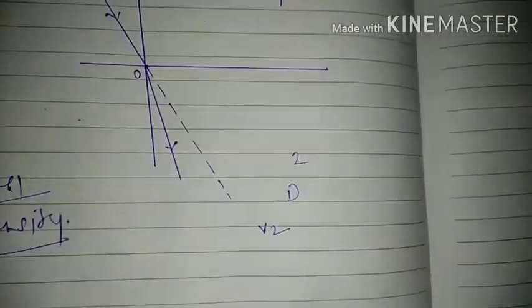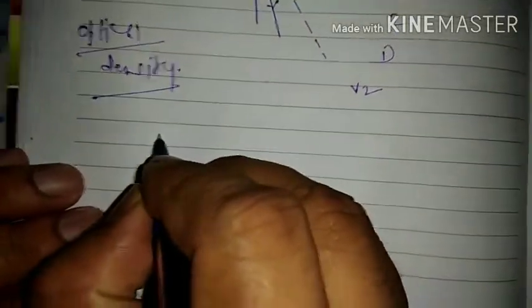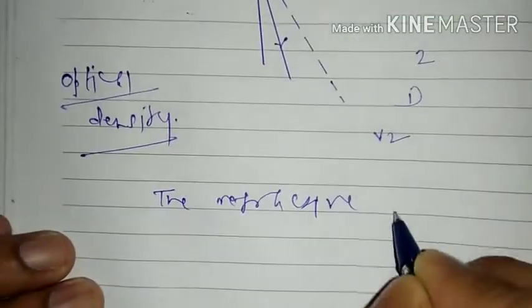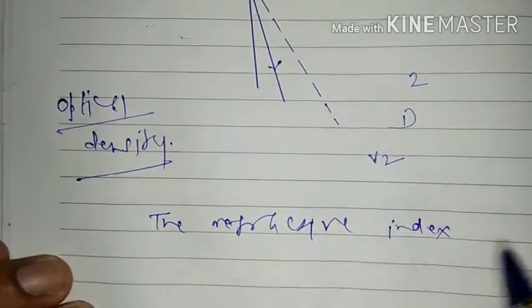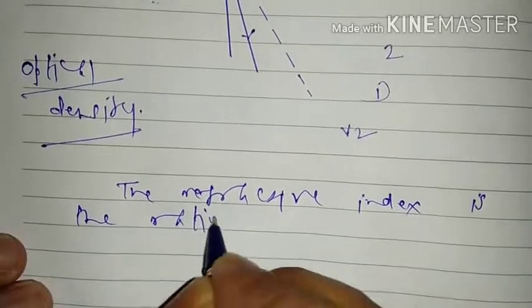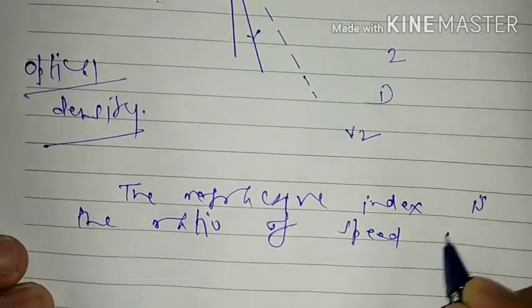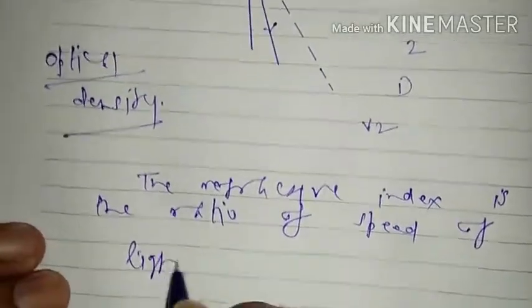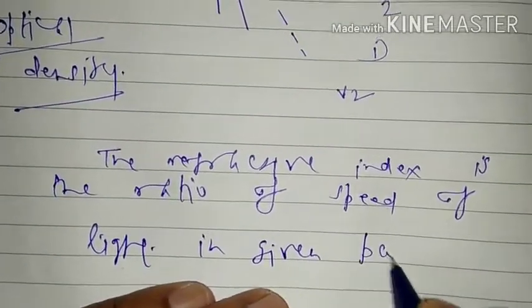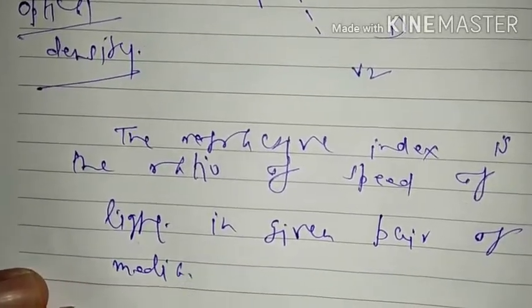So now we can easily define it: refractive index is the ratio of the speed of light in a given pair of media.